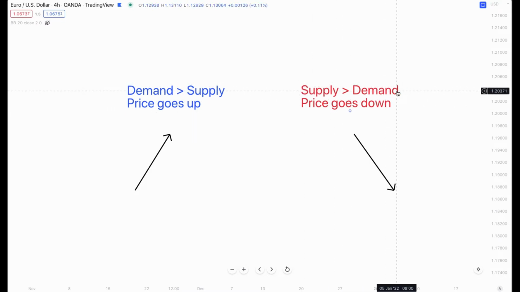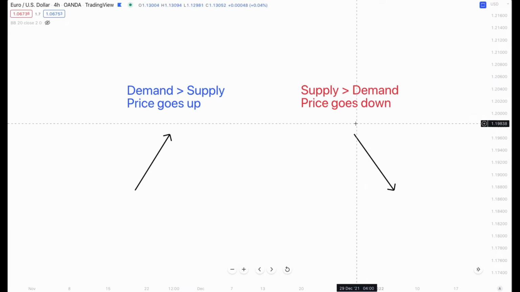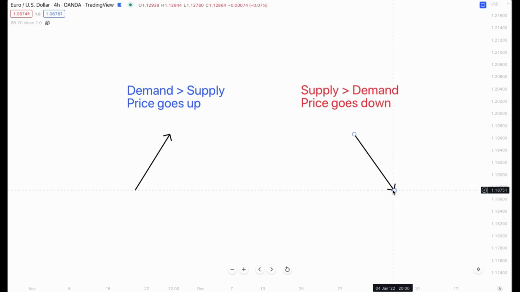There's enough to go around. There's more than enough. You don't need as much because there's plenty of that asset, plenty of those apples, plenty of the food, right? Therefore, the supply outweighs the demand, meaning that the price comes down. All right. So I hope this makes sense to you guys.